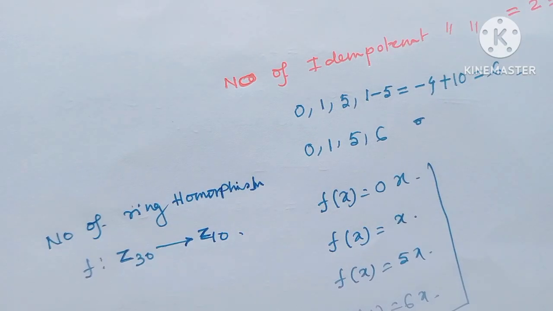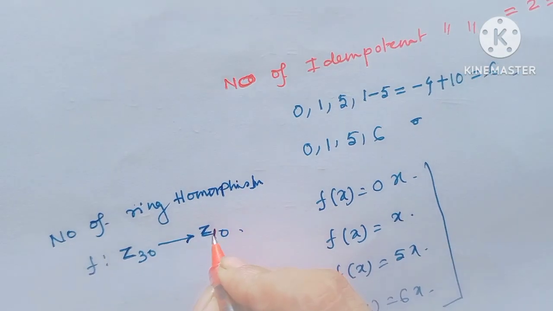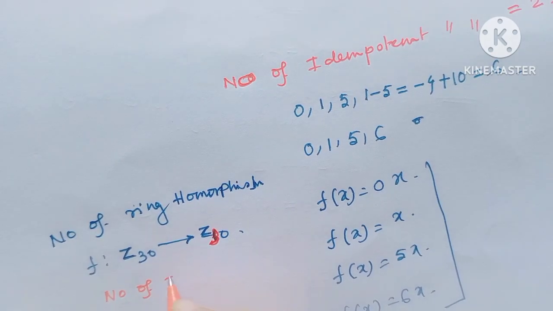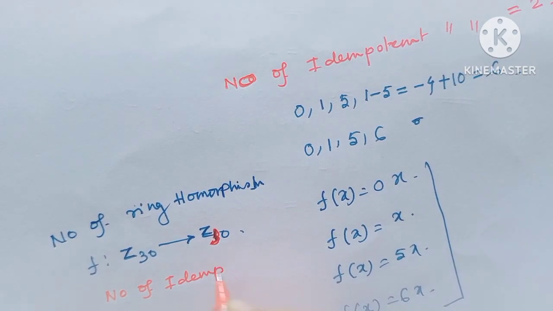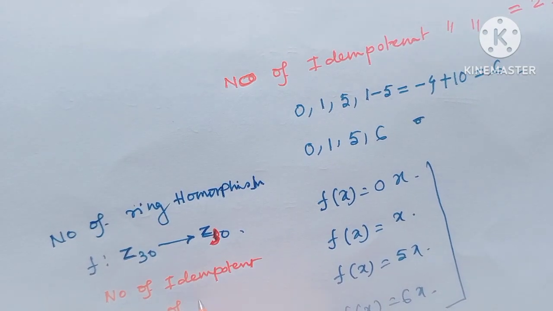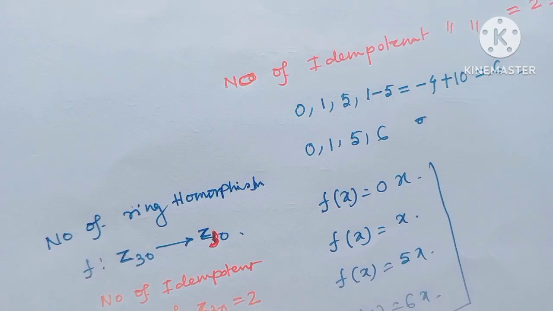This is actually the number of idempotent elements of Z30, and this is equal to 2 to the power of the number of prime divisors of 30.